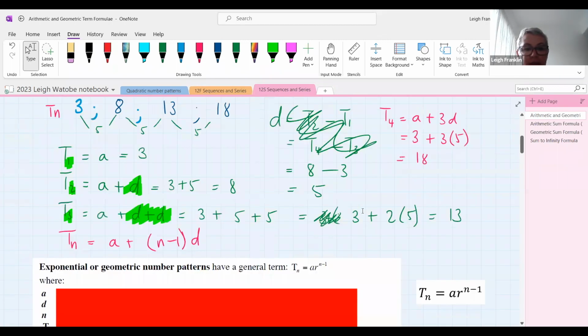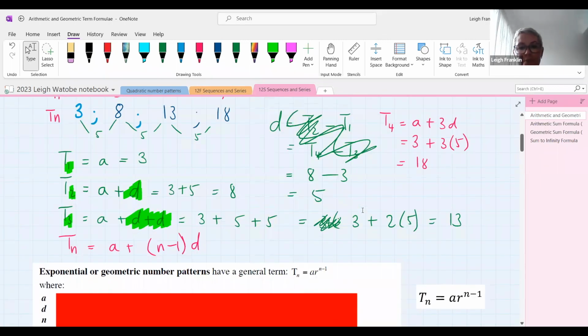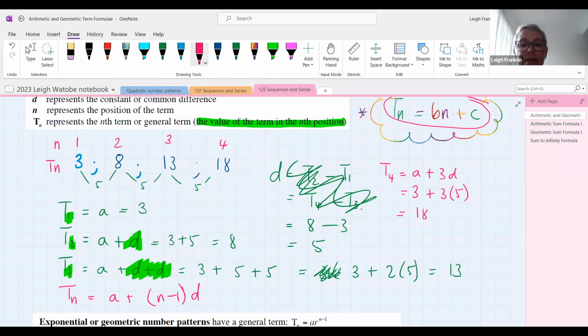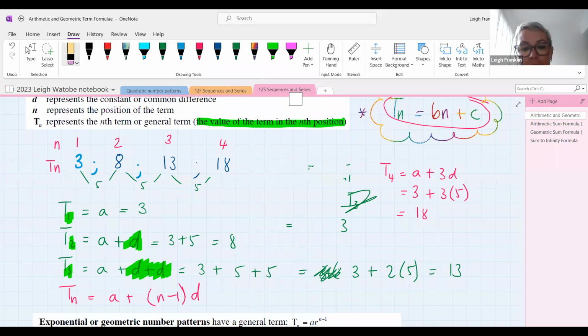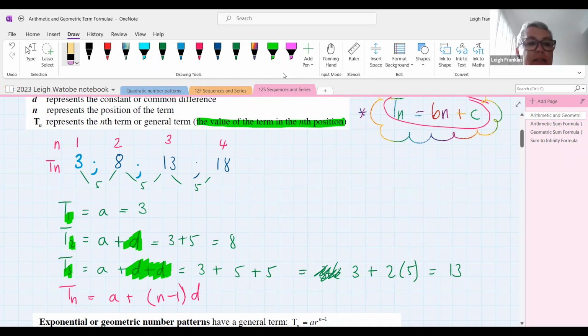If they ask me for the nth term, I would say that Tn is equal to A, which is 3, plus n minus 1, and in this case my difference is 5.